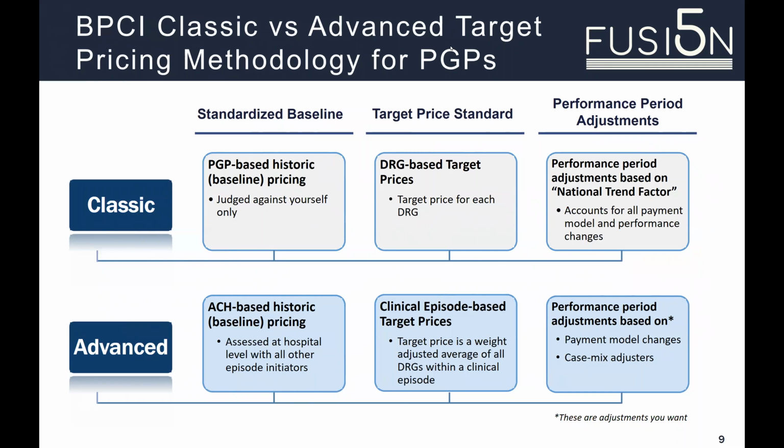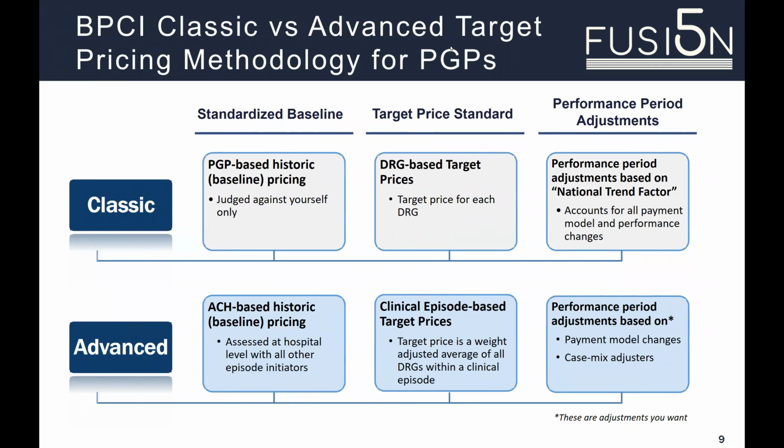If you were, say, at 18K and Medicare applied a 16% national trend factor, 16% of 18K is a bigger proportionate number than if you were having that 16% applied to you if your average costs were 26K. So the factor now is more based on your regional factors as contained within your hospital.